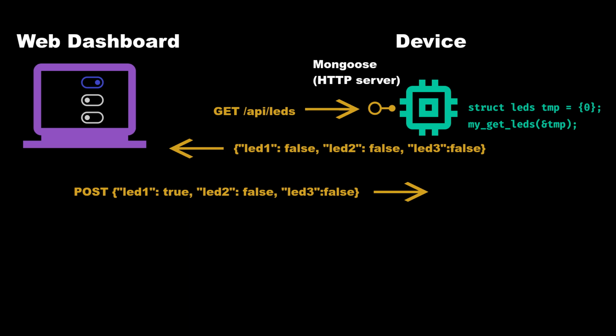Mongoose receives the request, creates a temporary struct LEDs variable, and populates that variable from the received JSON string. Mongoose then calls the setter function, passing the populated structure to it. Now, the setter function writes to the corresponding LED pins.